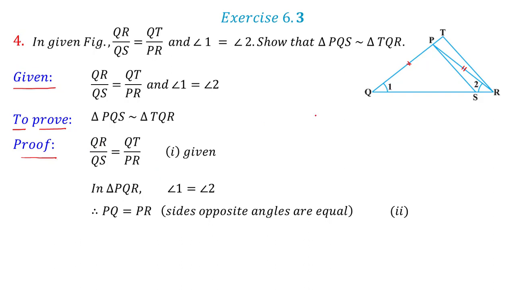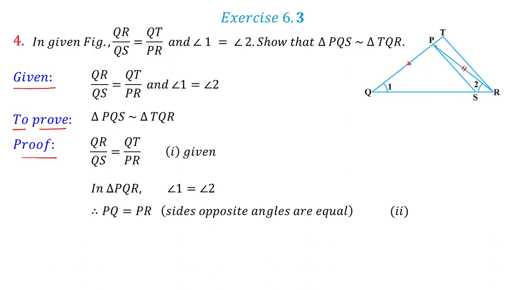Now QR, see this QR is one side of this bigger triangle, upon QS, the side of this smaller triangle, is equal to QT, again the side of the bigger triangle, upon PR. Now this PR is not the side of triangle PQS.